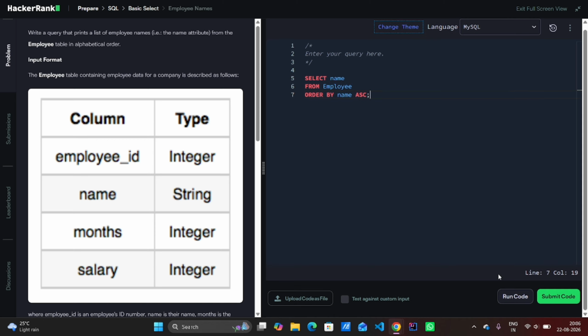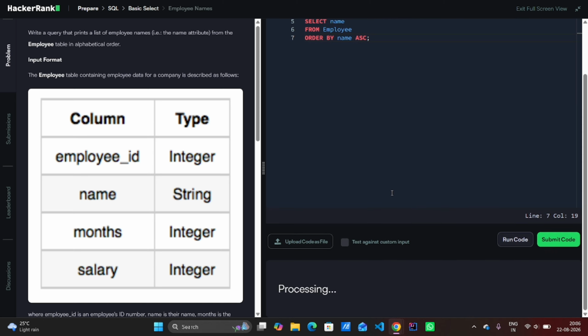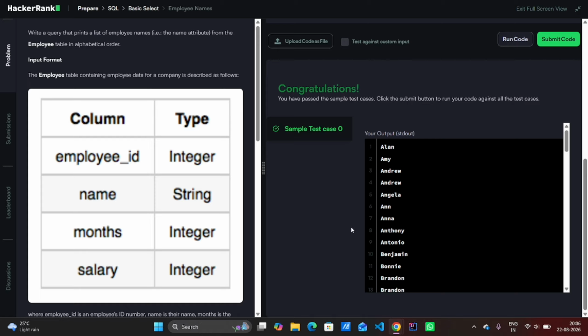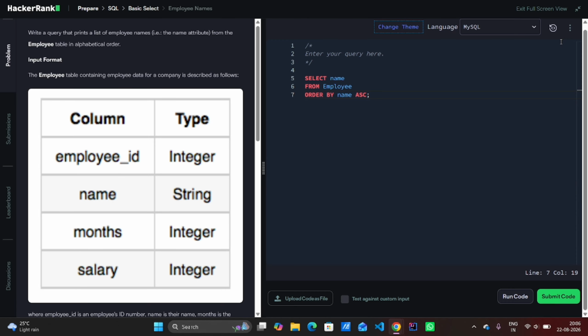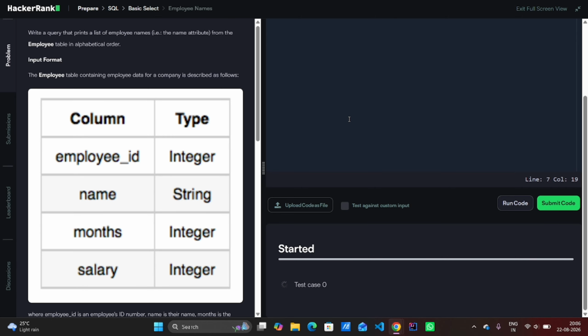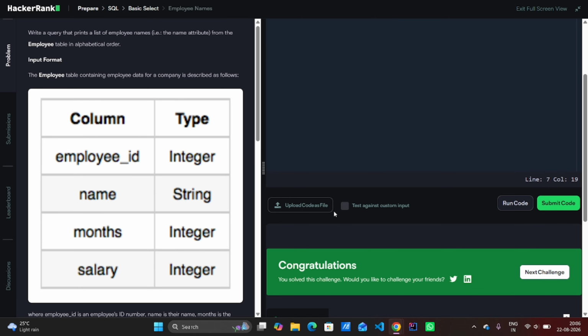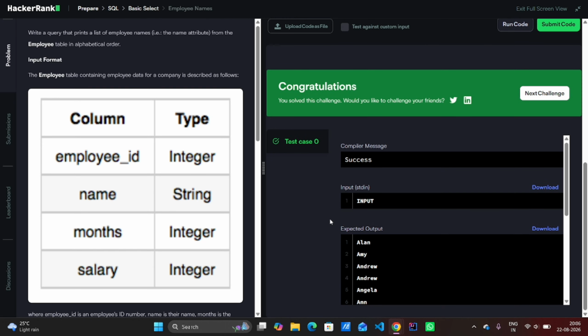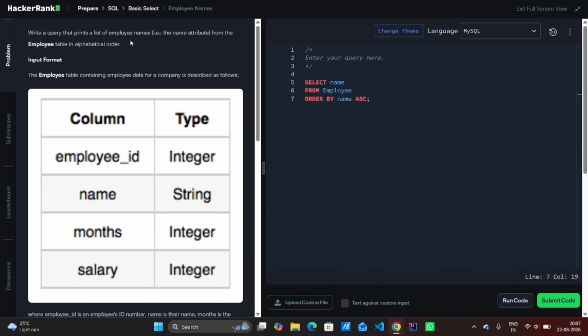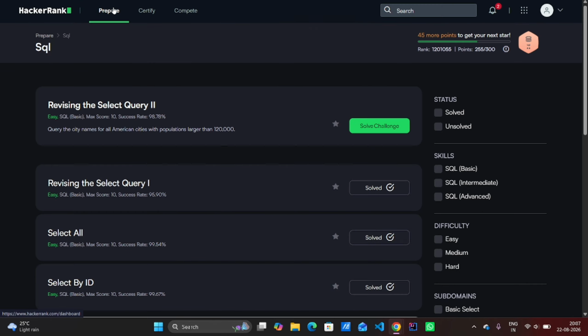Simple, let's try to run this query. Okay, here it is. All the test cases are passed. Let's quickly submit this code. Okay, we got the success message. Okay, let's try to solve the next question.